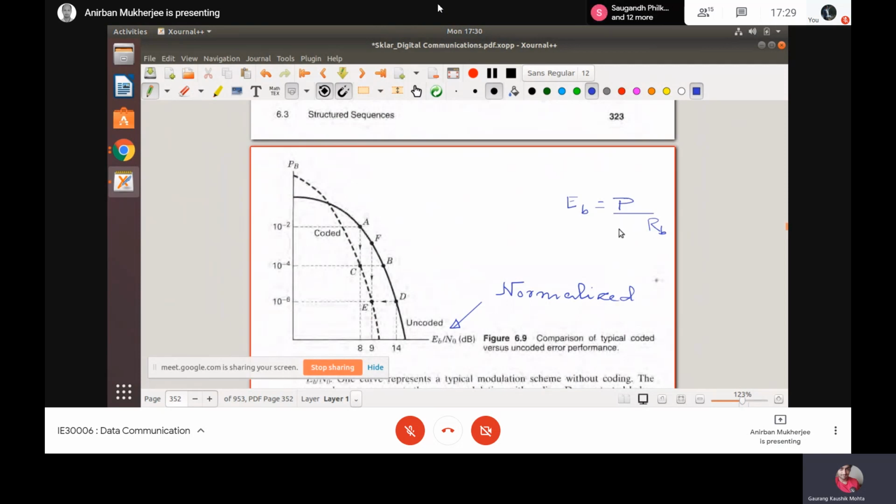N0 is the noise power divided by frequency, Pn by frequency, which means bandwidth. So it is signal power by noise power normalized by W by RB.